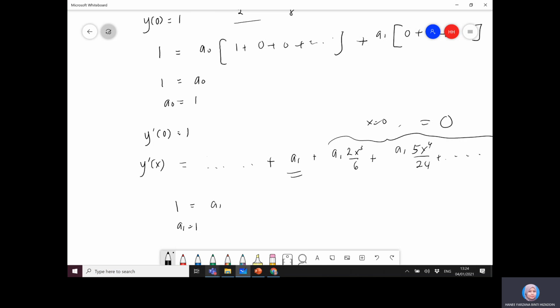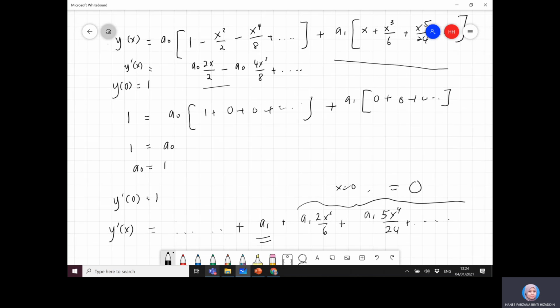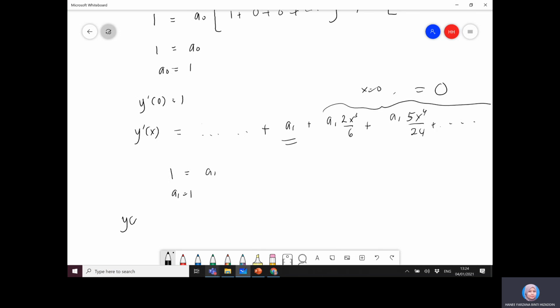So then we can put these values back into this equation here. So then we get y of x equals just 1 minus x squared over 2 minus x to the 4 over 8 and so on, plus x cubed over 6 plus x to the 5 over 24, and so on.